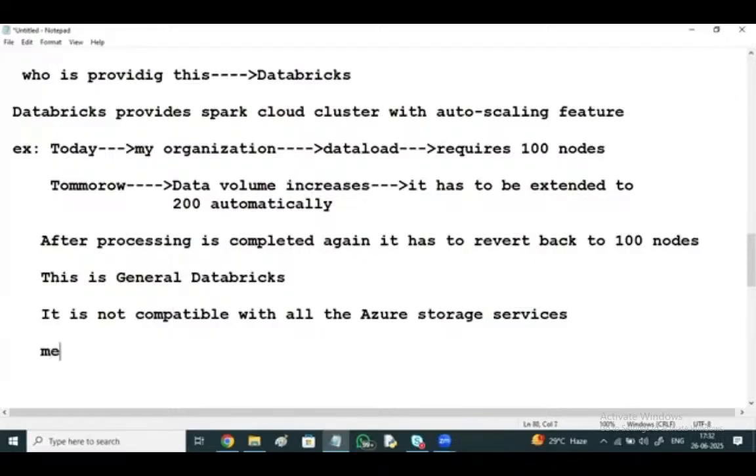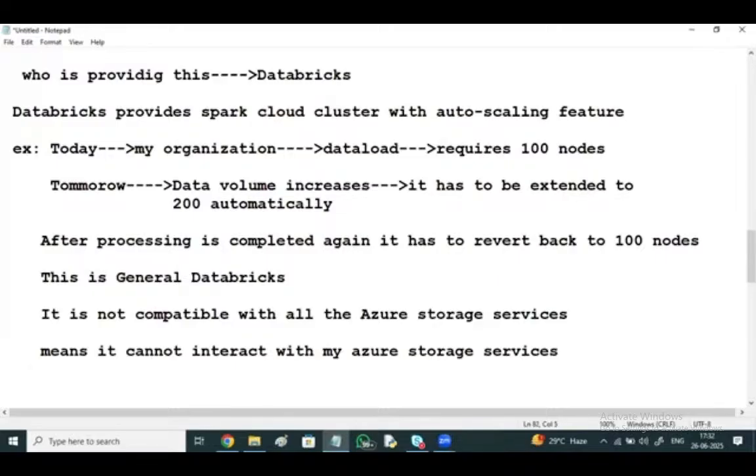Means it cannot interact with my Azure storage services.